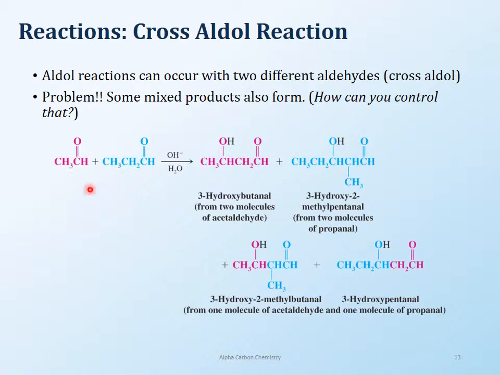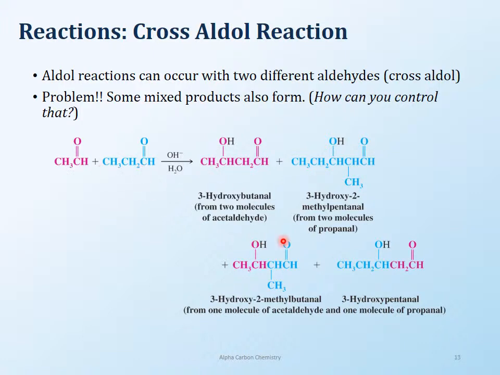But anyhow, when you do cross-aldol reactions, this is a big problem, that you can end up getting 4 products. But you can control this reaction. So how do you control it? Think about it. What if you wanted only this product? Well, if you just wanted the 2 acetaldehydes or the 2 propanals, then you will not use the other one.